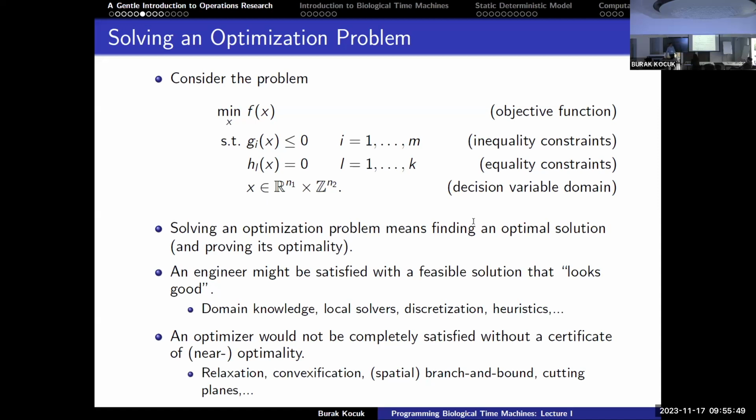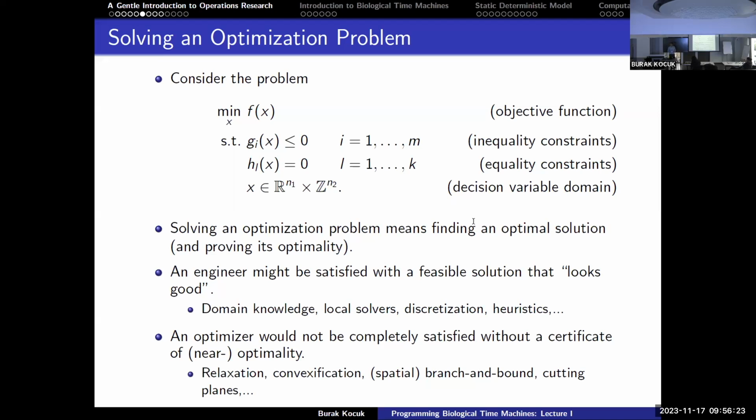You just found this solution 100, but you don't know if 0 exists. Right? Maybe you are still not doing very well compared to the real optimal. Okay. So without having a certificate or optimality guarantee, an optimizer is never happy. So really, that is optimization. Okay, but not quite. There are ways you can find some optimality guarantee.